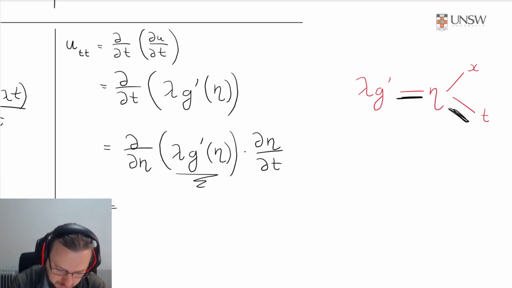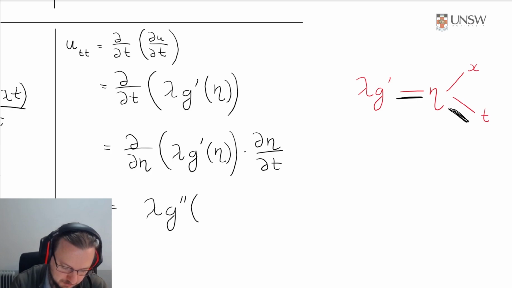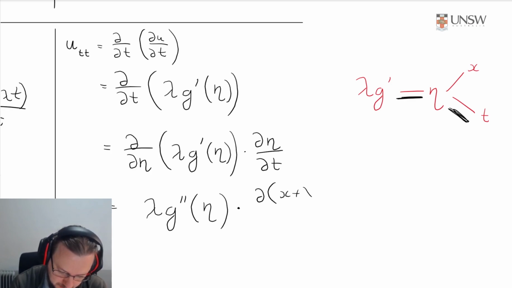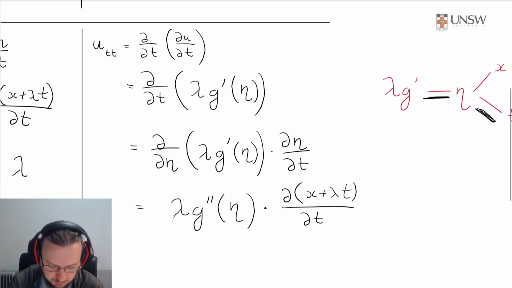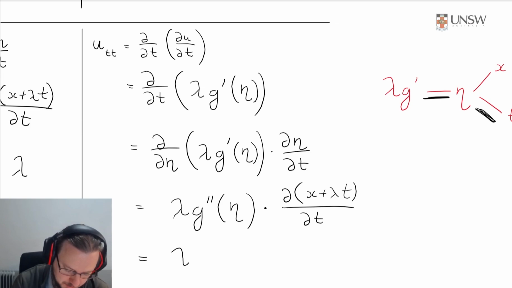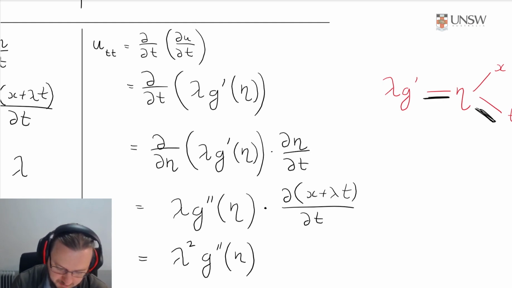Now, this is just an expression of eta, so when I do the partial derivative, I just get a lambda times the second derivative of g. And this second term, again, it's just the partial derivative of x plus lambda t with respect to t. And again, that's just going to be lambda. So we get lambda times lambda, or lambda squared, times g second derivative of eta.